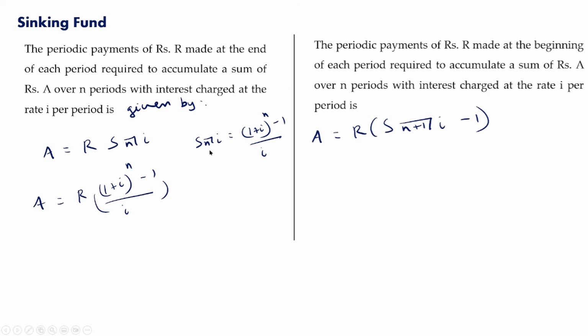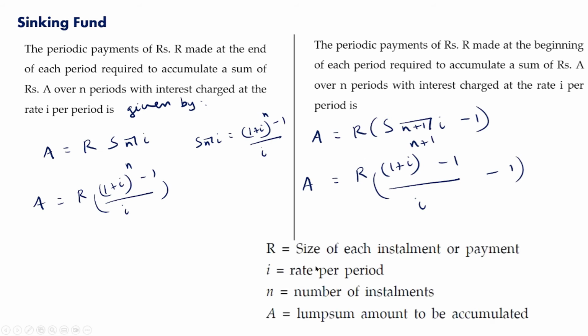So here S angle n at rate I per period is 1 plus I the whole raised to n minus 1 upon I. If it is S angle n plus 1 at rate I per period, it will be 1 plus I the whole raised to n plus 1 minus 1 upon I. So we can write it as A equal to R into 1 plus I the whole raised to n plus 1 minus 1 upon I. There is a 1 minus 1 outside. We have to remember this. So this is the formula when the periodic payments of rupees are made at the beginning of each period.